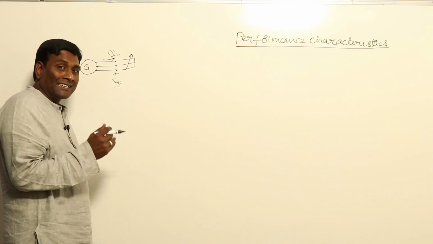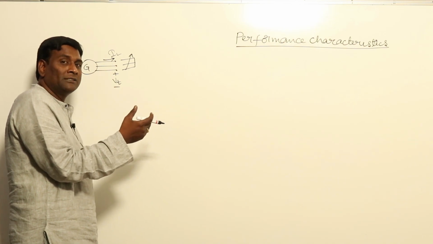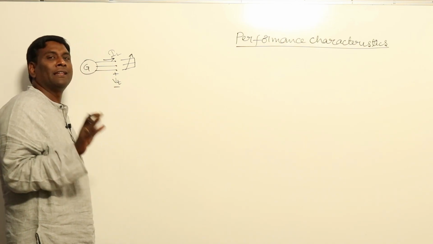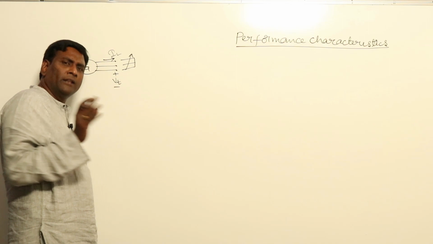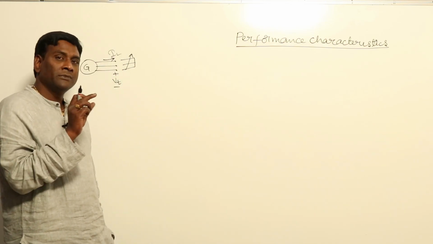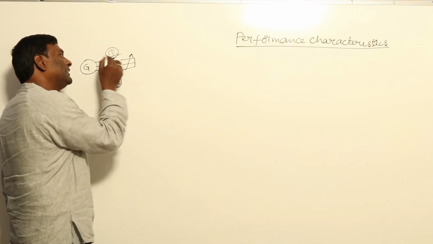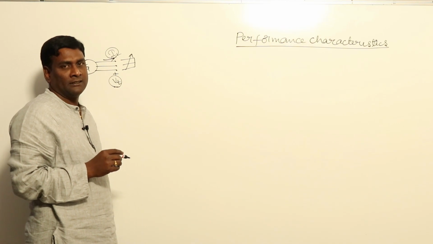So externally to the machine, what is about to happen? If you are a layman who doesn't know anything about the machine, not an electrical engineer, then external characteristics matter, because how Vt versus Ia variations are happening is one performance characteristic.